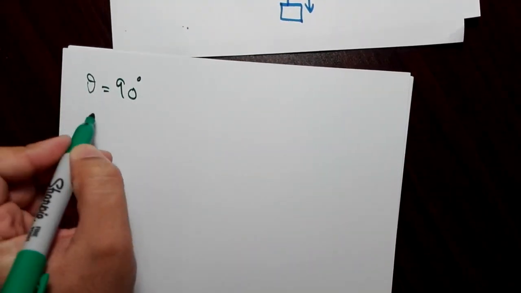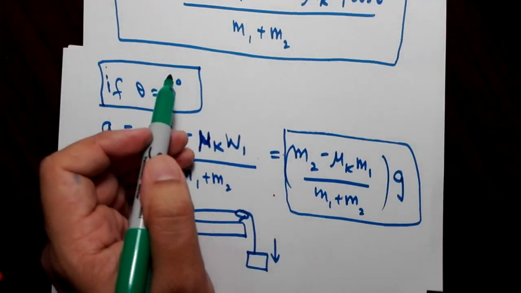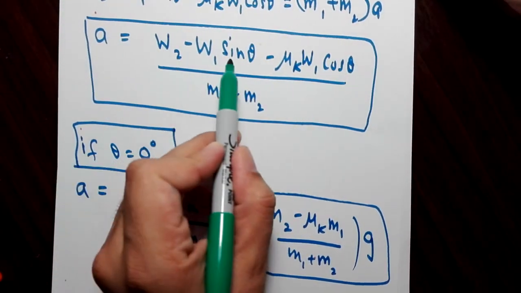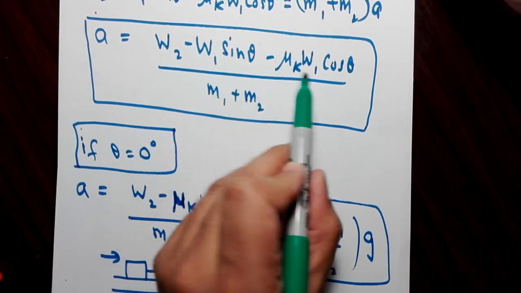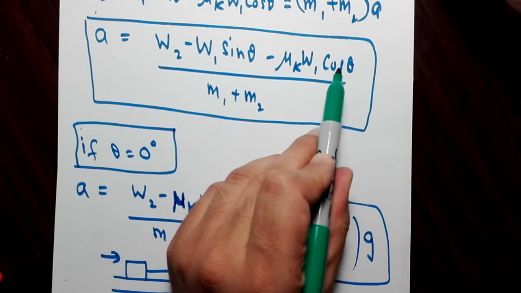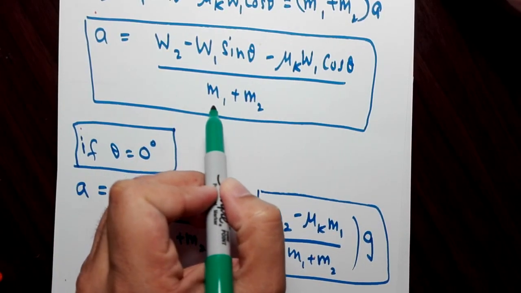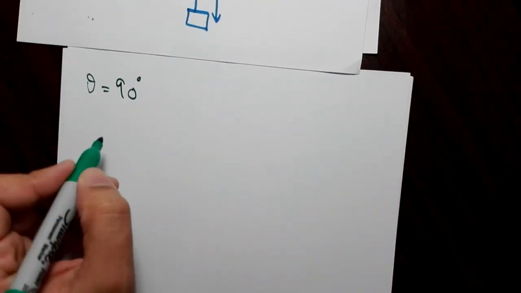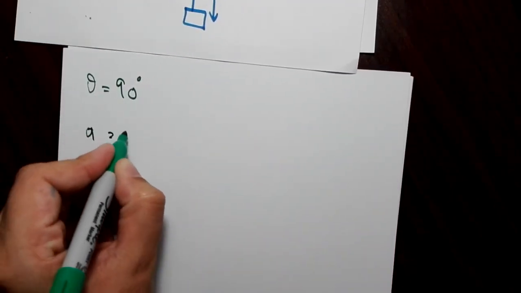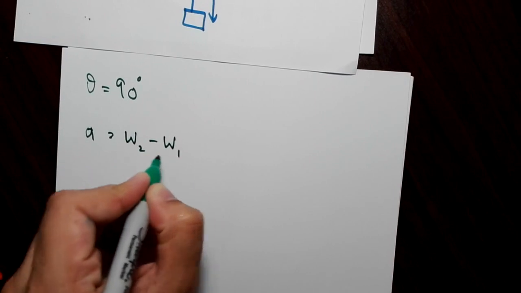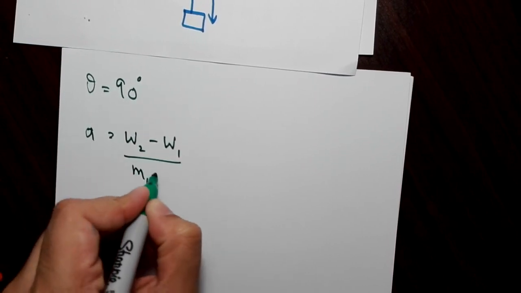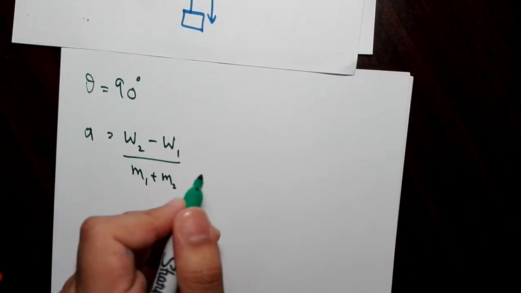So for theta equals 90 degrees, you plug in 90: sine 90 is 1, so you get w2 minus w1. Cosine 90 is 0, so you get rid of this term, and this stays the same. So you get a equals w2 minus w1, divided by m1 plus m2.